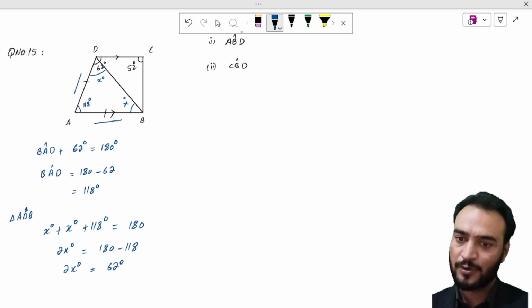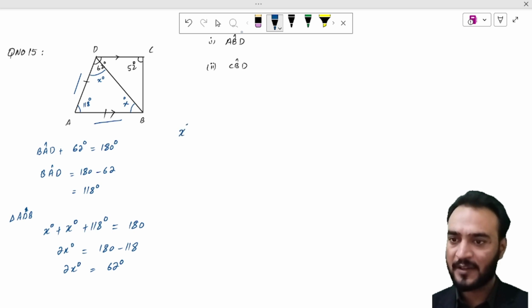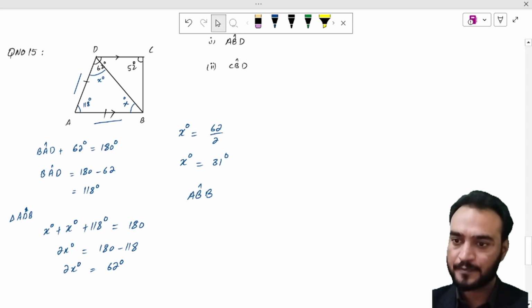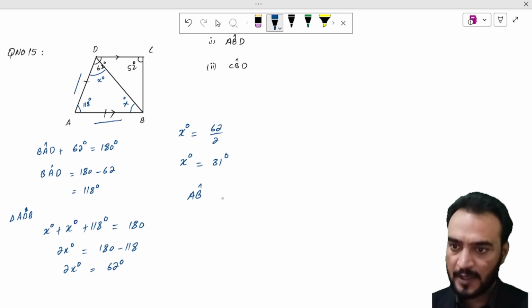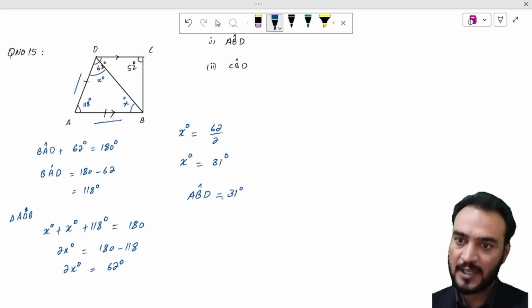Dividing 62 by 2, we get the value of x equal to 62 over 2, which is 31 degrees. So the angle ABD, which was equal to x degrees, is equal to 31 degrees. Hence we have found this angle that was considered as x degrees. Now this equals 31 degrees.